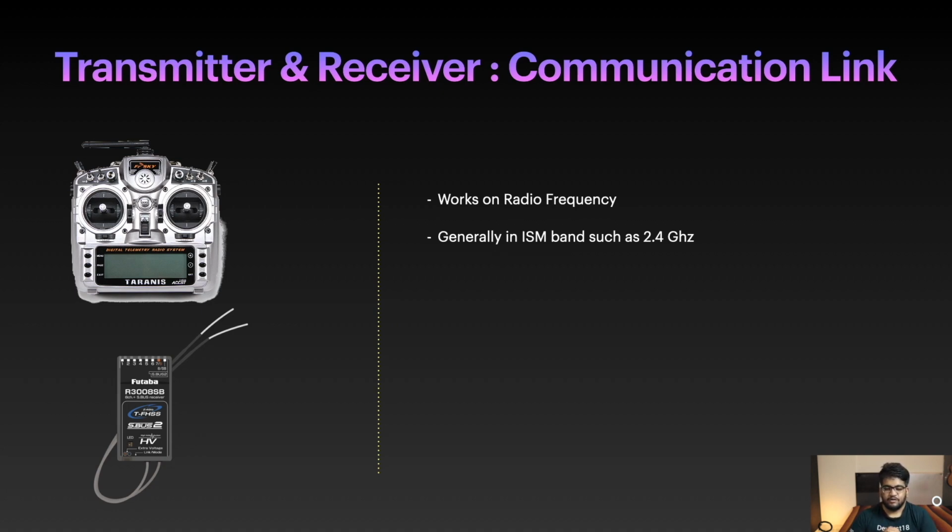So if you are using the ISM band at restricted power levels, then you are free to use it without any license. For example, in India, where I come from, if you are using other frequencies which are not part of the ISM band, then you need a ham license. Then you need special permission from the communication ministry of the government to do any communication on that frequency. But 2.4 gigahertz under a certain power range is free to use.